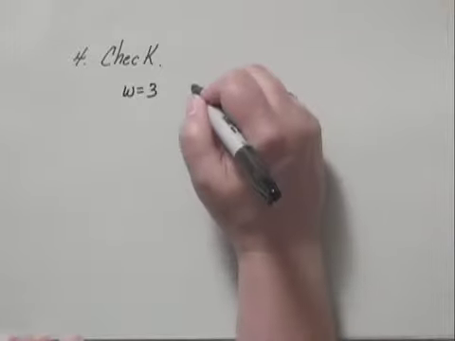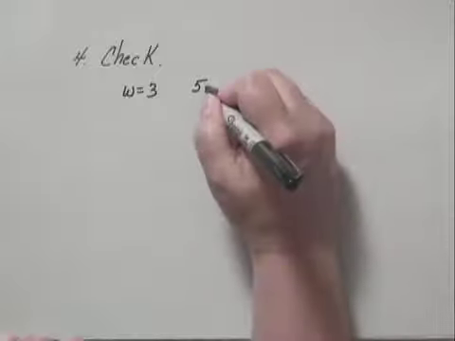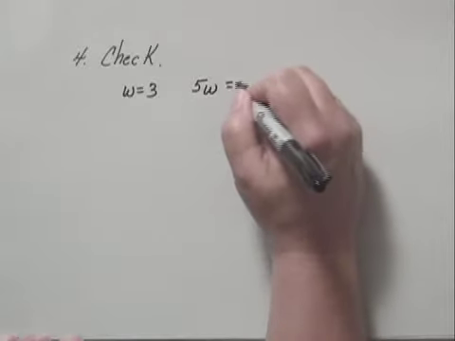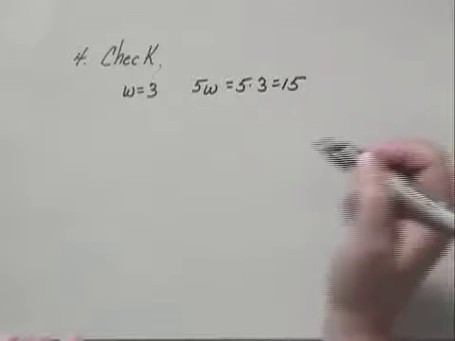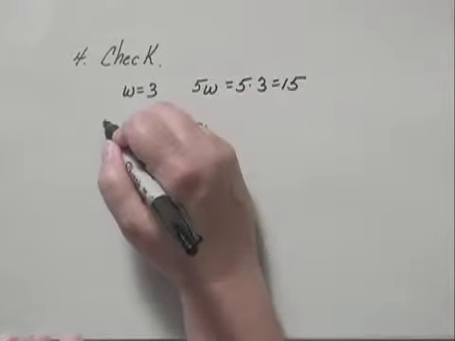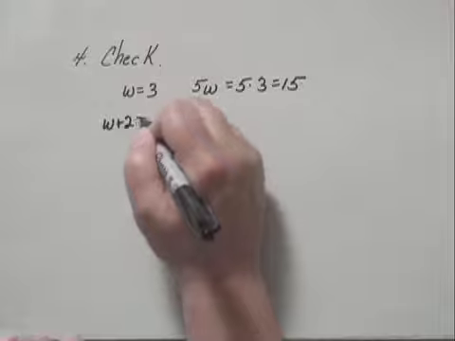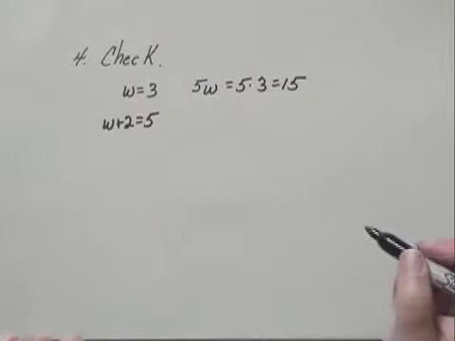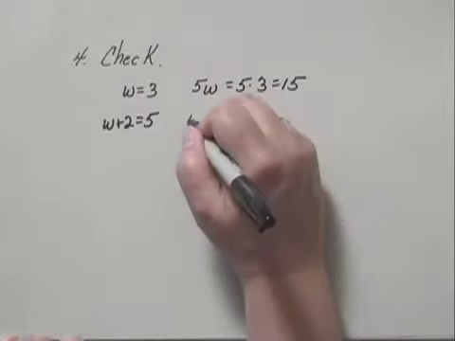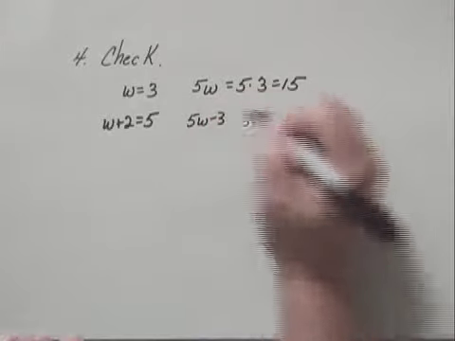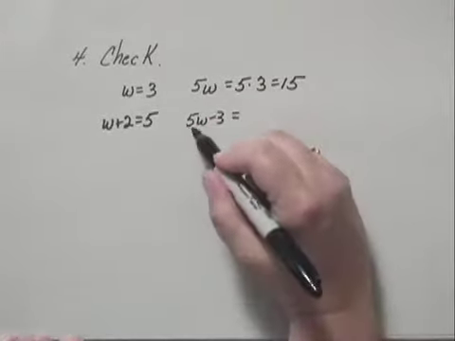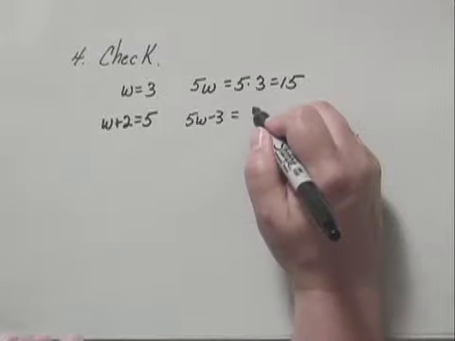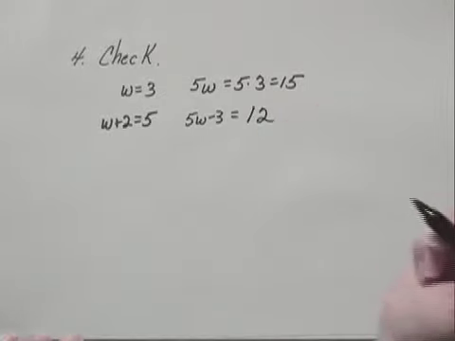Then the length of the old rectangle would be 5W, which is 5 times 3, which is 15. The width of the new rectangle would be W plus 2, or 5. And the length of the new rectangle would be 5W minus 3, or 15 minus 3, or 12.